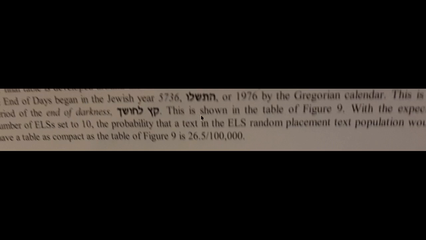Why? Because this is shown in the table of figure 9, with the expected number of ELS set to 10, the probability that the text in the ELS random placement text population would have a table as compact as 26.5 in 100,000, as we saw before.